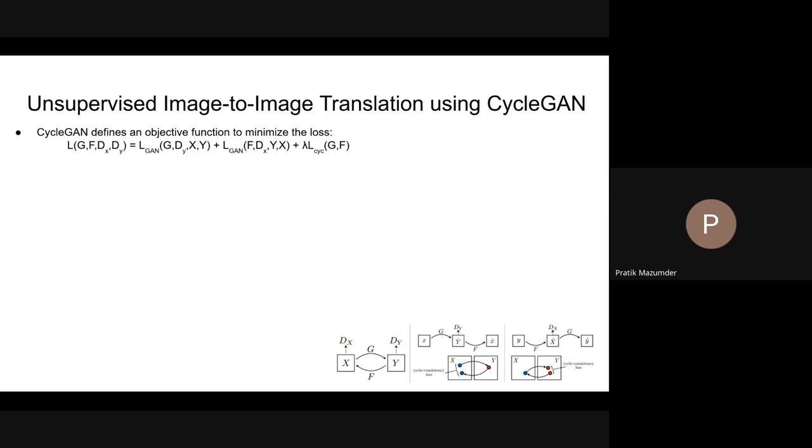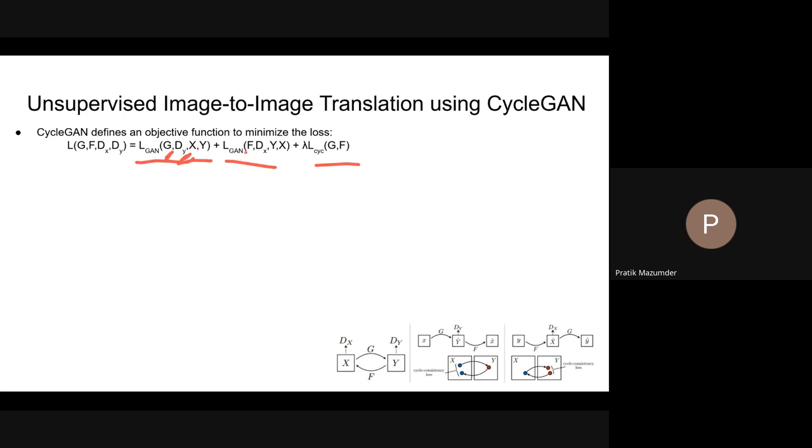It looks a bit complex, but you can actually divide it into three different parts. If you look at the first part, you'll be applying some sort of a GAN loss where you have the generator that moves from domain X to domain Y, and you have a domain Y discriminator. So that's the domain information.